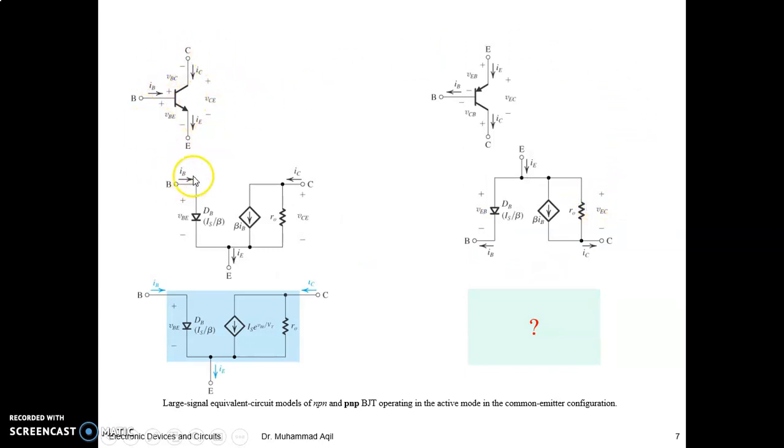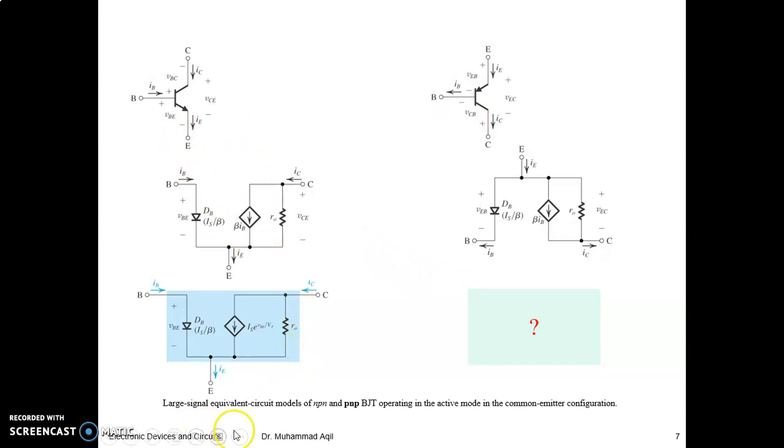So these are the parameters for NPN: collector-base voltage, base-emitter voltage, collector-to-emitter voltage. But in PNP you would have emitter-base voltage and base-collector voltage. Usually people say collector-base again, but it should be base-to-collector voltage, and VEC. Whatever you write, write it with the right polarity, and it would be okay.